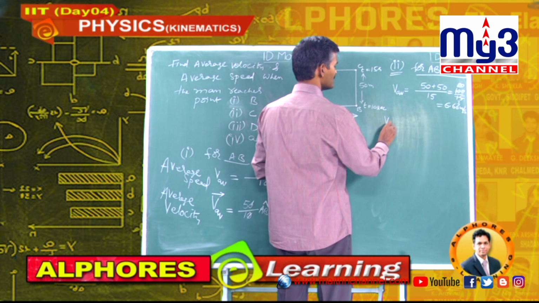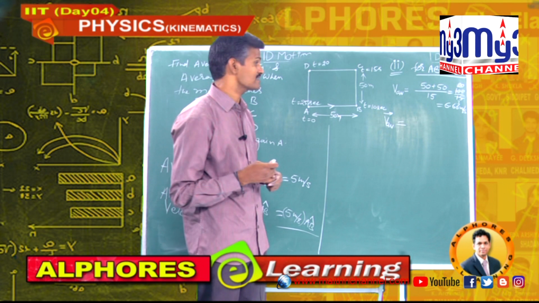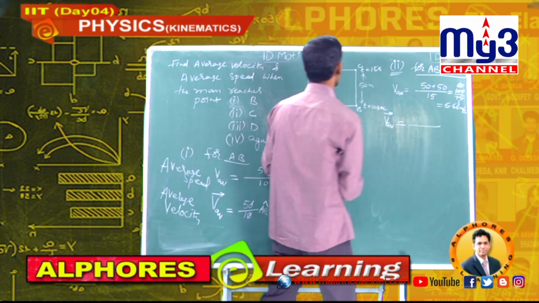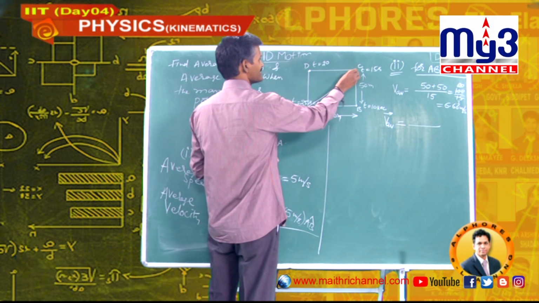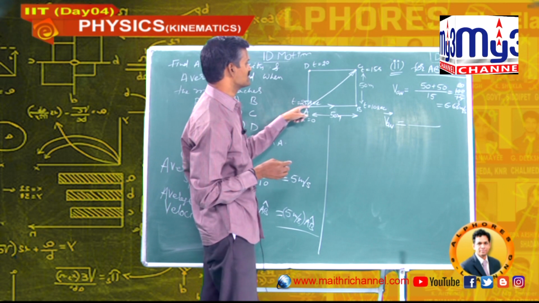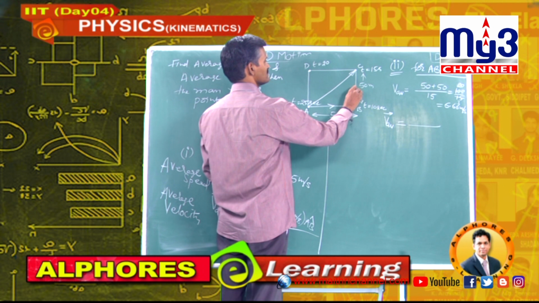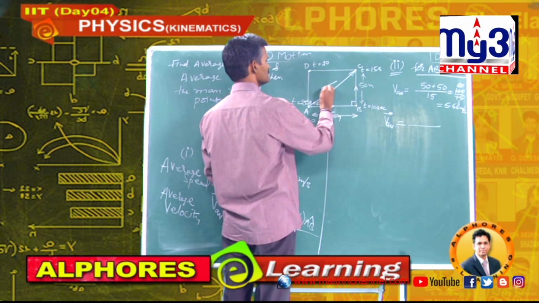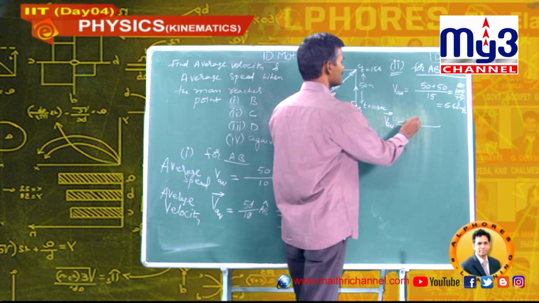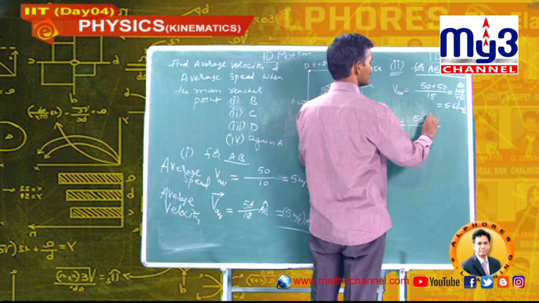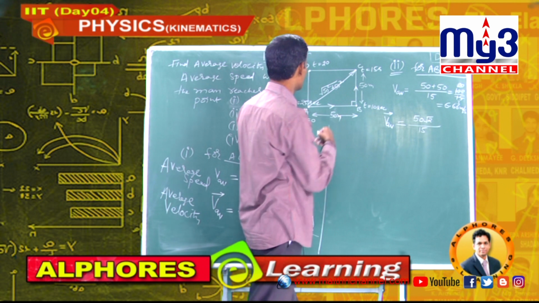What is V average bar, I mean average velocity? Average velocity is total displacement. Displacement is the shortest path. This is the displacement vector. From this right angle triangle, we can calculate the displacement as root of 50 square plus 50 square, so 50 root 2. It is 50 root 2 by 15 meters into direction AC cap.